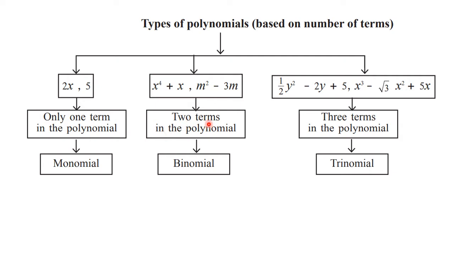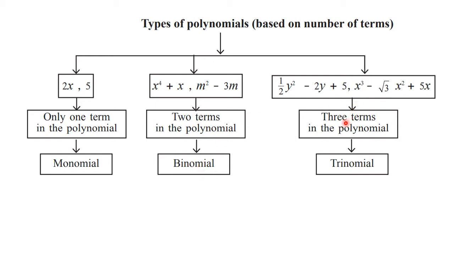Then here, if there are two terms in the polynomial, then that is called a binomial. The word bi stands for two. So binomial means a polynomial with two terms. You can see here, this is the first term and this is the second term. Similarly, here also this is the first term and this is the second term. So these are called binomials.